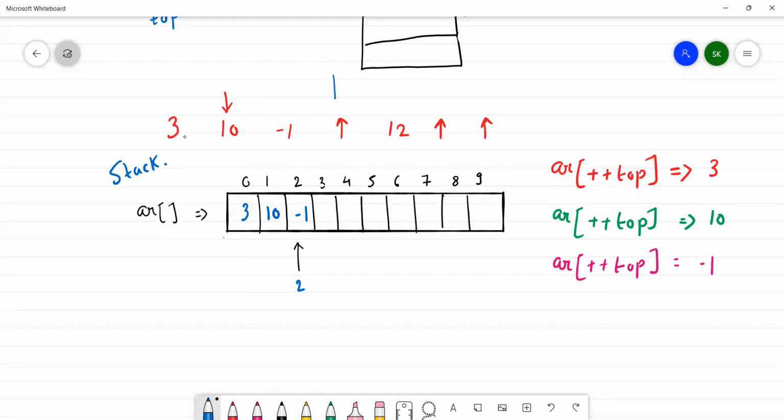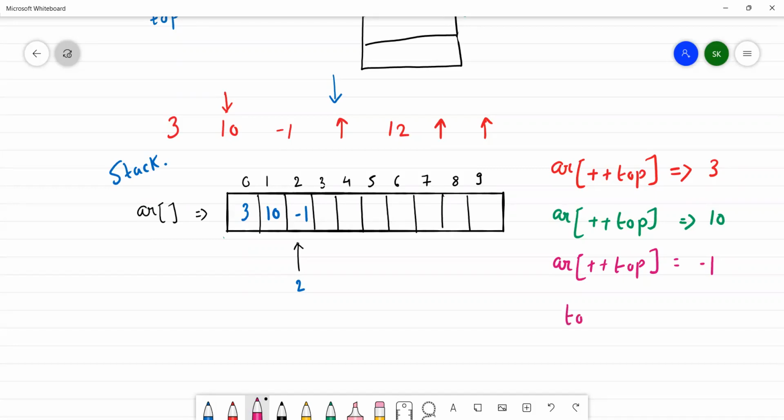Now coming on to the pop operation. What should happen in the pop operation? Yes, we only need to move our top element, right?